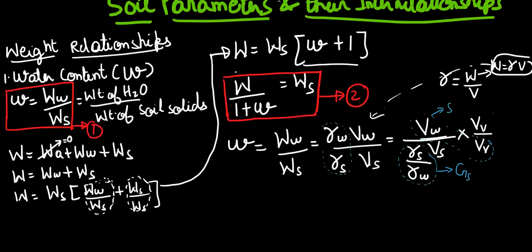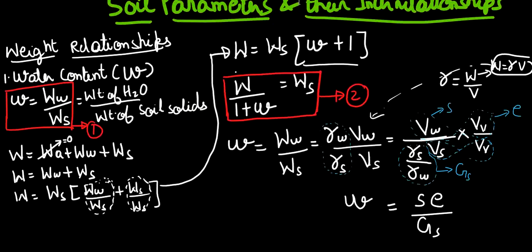And this particular term, that is volume of void upon volume of soil solids, VV upon VS, is nothing but void ratio. So our equation will get transformed into S into E upon GS, which will be eventually equal to water content.